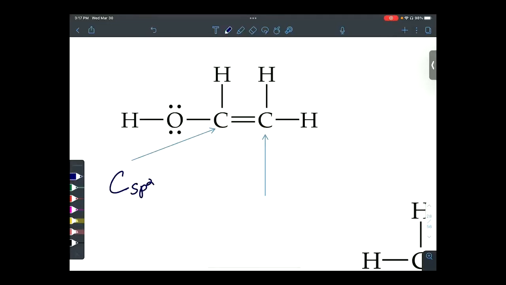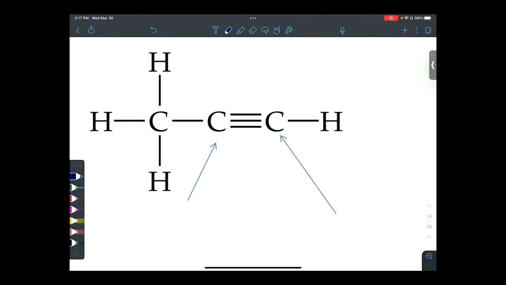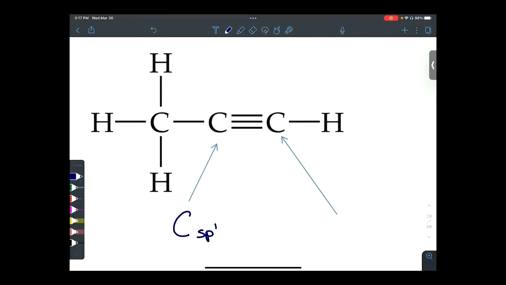Yes, sp2 and sp2, all right? What about the hybridizations of these two carbons? sp, yeah, sp, because there's two electron domains and another sp within there.